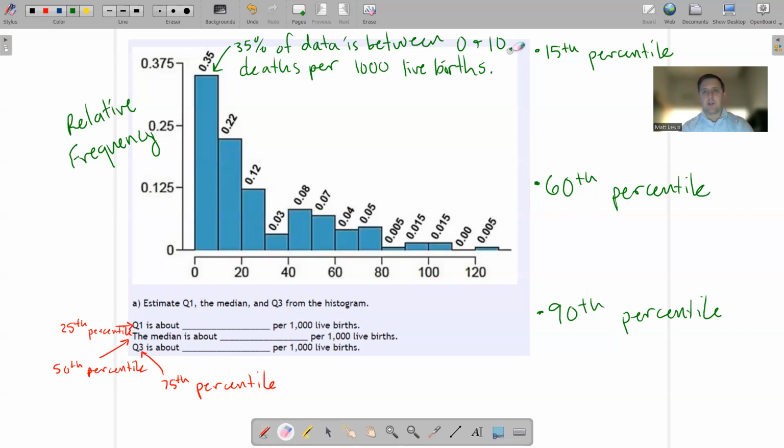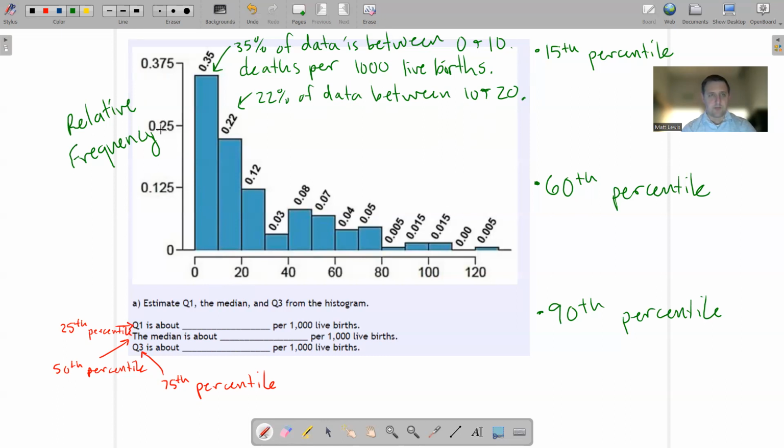Okay, so 35% of the data is between 0 and 10, right? Similarly, 22% of the data is between 10 and 20. Okay, so that's how we read this.